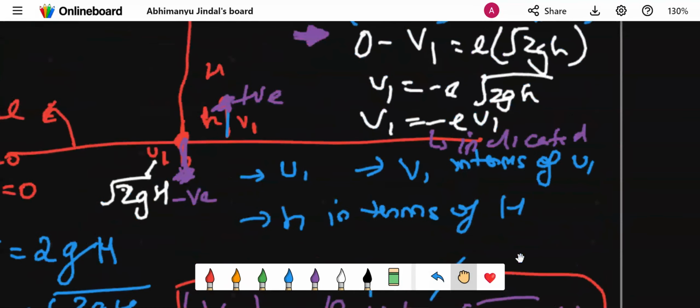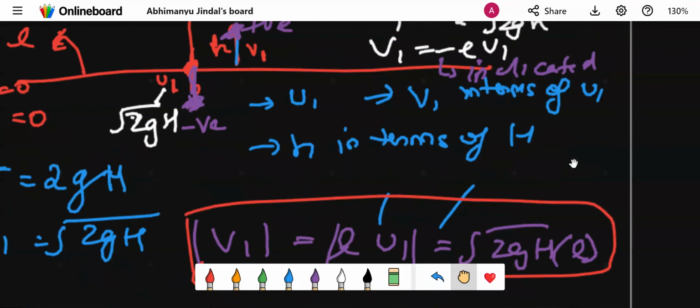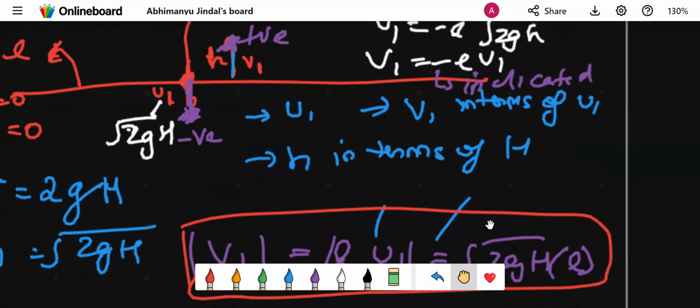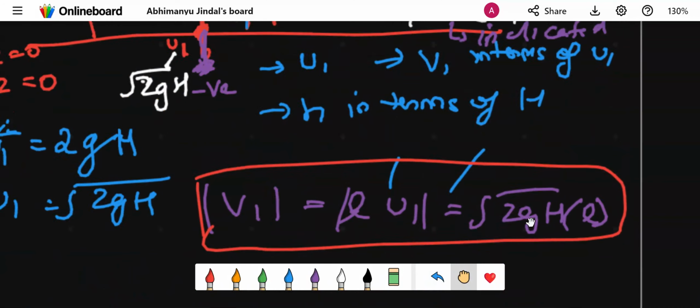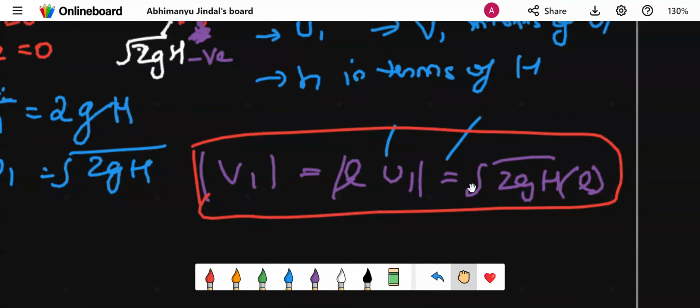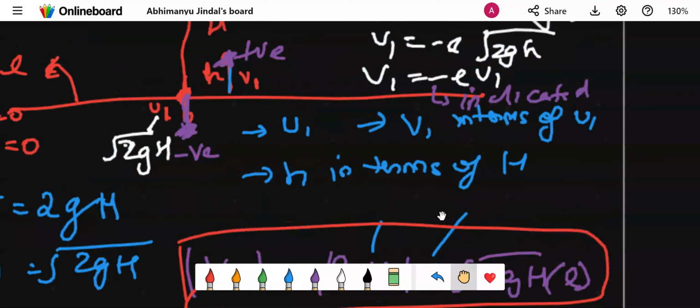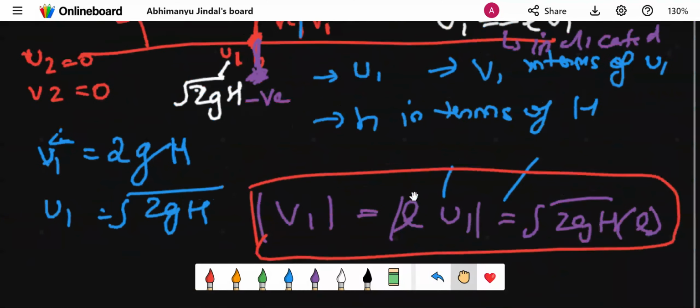Okay, now let's move on to h1 in terms of H. The height h1 to which it goes after the first rebound in terms of H. We just found v1 in terms of u1, which is coefficient of restitution e times root 2gh. Now let's see what is going to be the height h1 to which it rebounds.